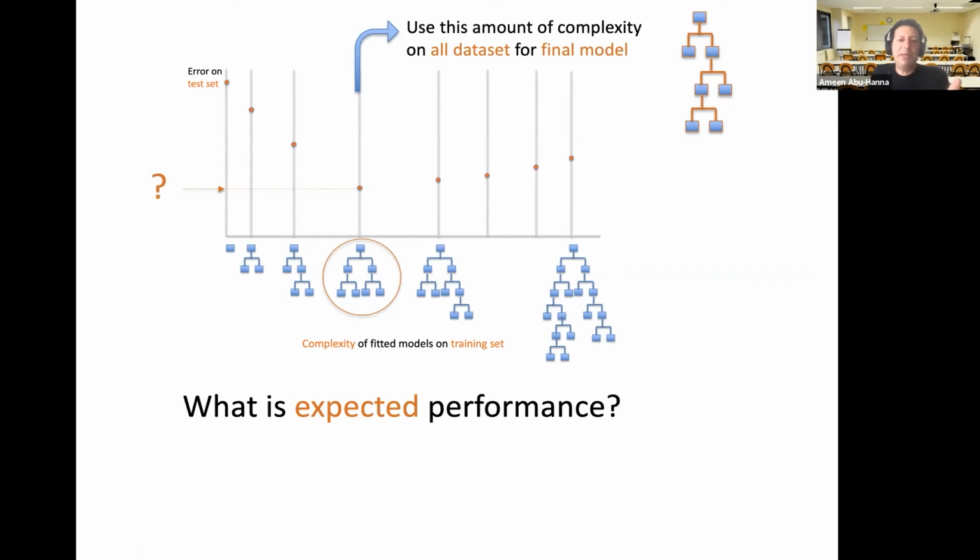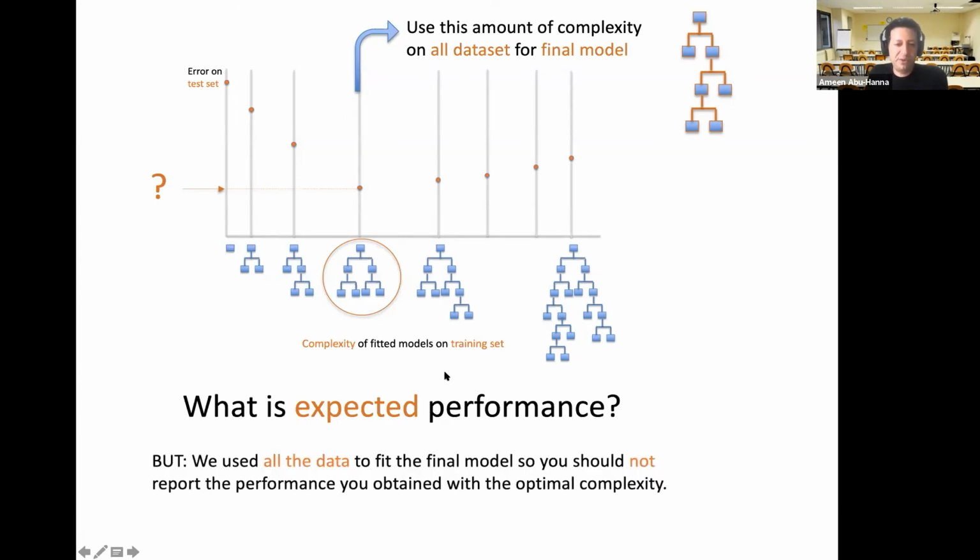Well, there's a problem here. So for finding the final model it is okay, but for telling me that this is the expected performance is not allowed, because you use all the data, including the test set, to decide where to stop. So you cannot give me this value as the performance measure.